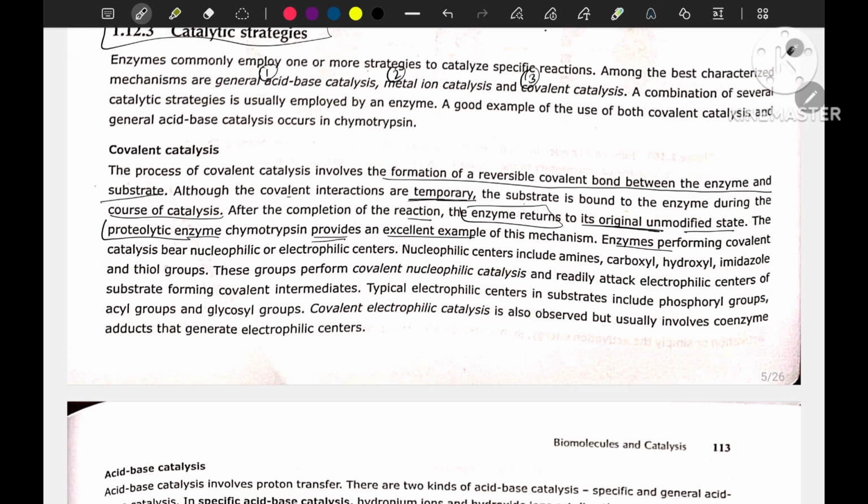Enzymes perform covalent catalysis near nucleophilic or electrophilic centers. Nucleophilic centers include amine, carboxyl, hydroxyl, imidazole, and thiol groups. These groups perform covalent nucleophilic catalysis and readily attack electrophilic centers of the substrate, forming covalent intermediates.